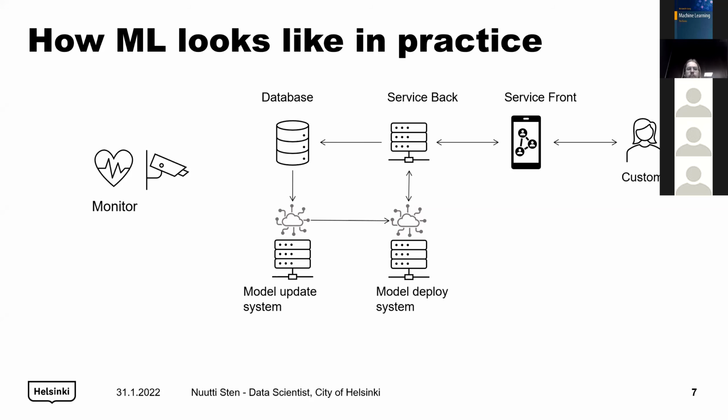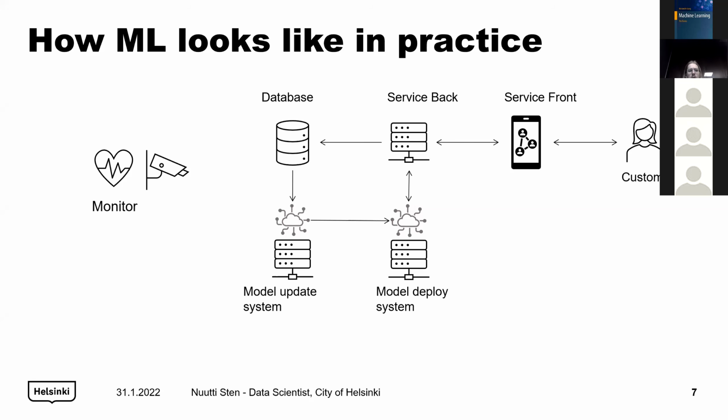Then we have the front end, which is the fancy application, and then a backend side, which runs all the heavy tasks. Then we collect data from the customers, or from other data sources. Usually we combine multiple data sources, because that's the power of machine learning too.